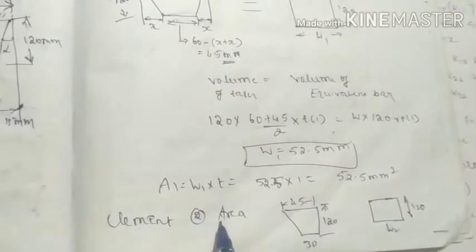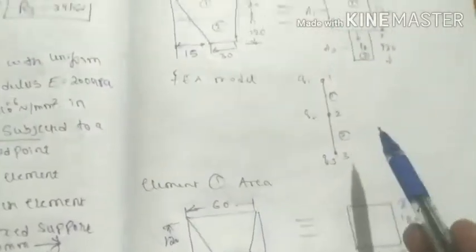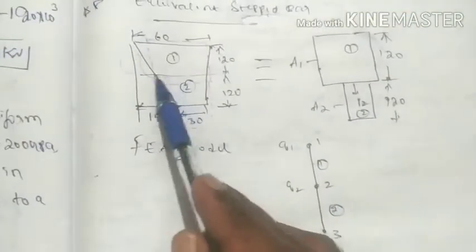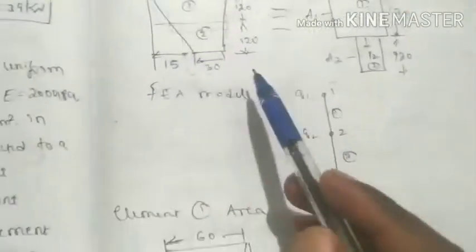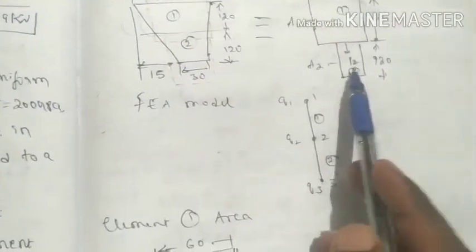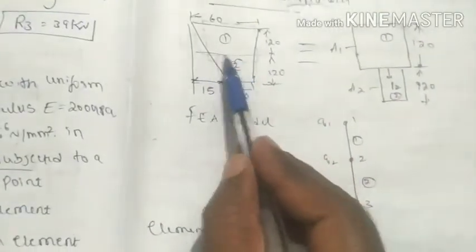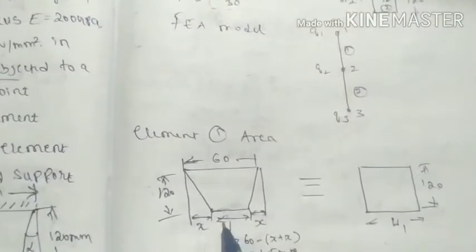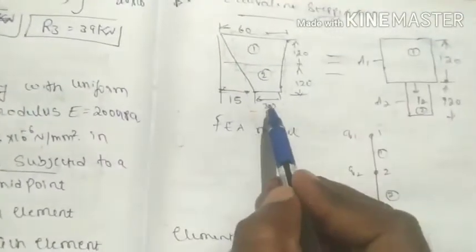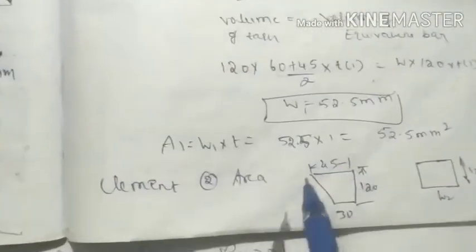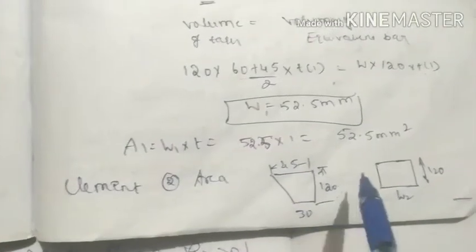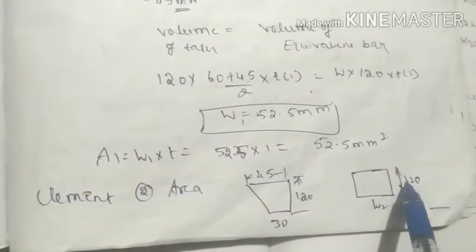Similarly, element area 2, we need to find this area 2. For this we take the bottom section now. So this bottom section of the taper, the width is the same thing we found, 45, and the bottom width is 30. So this 45, this 30, is equivalent to this bar of 120, and we need to find W2.